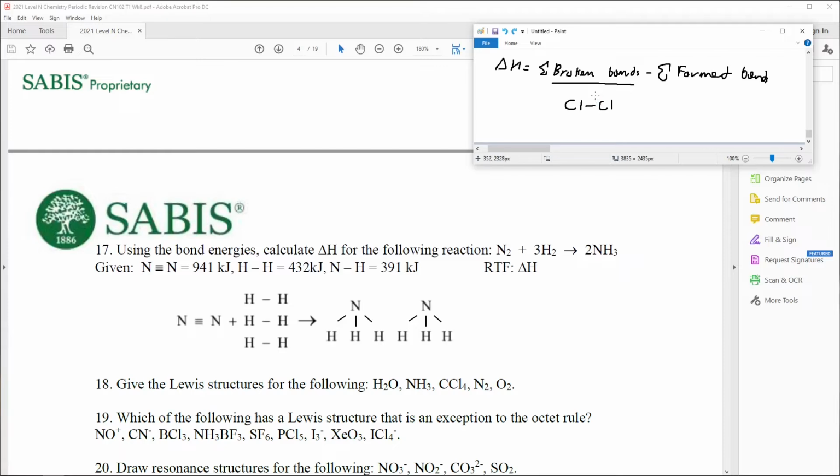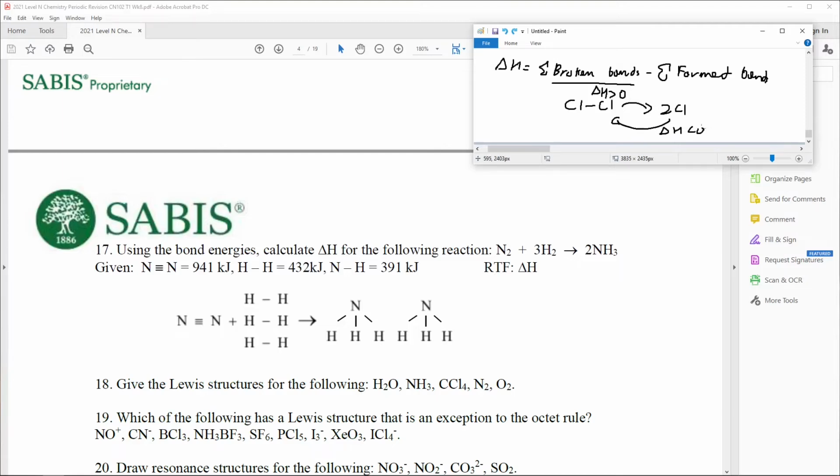When you're supplying energy, it's endo, which is by definition positive. And we're doing this, we're breaking the Cl's. And if you want to do the opposite, which is again by default should be negative, this is the formation of the bonds. You're forming bonds, and we just wrote, because it's the opposite of this, it should be the opposite in sign also. So if this is positive, then this is negative.